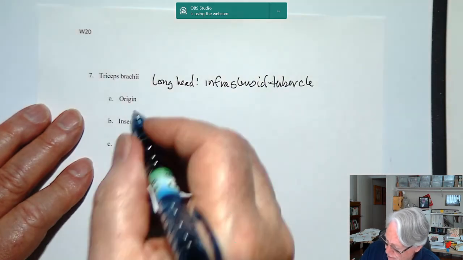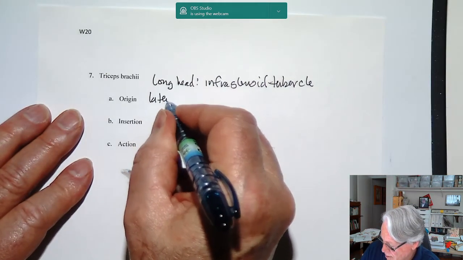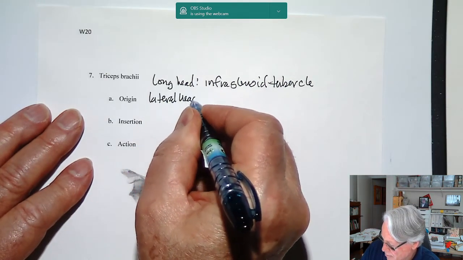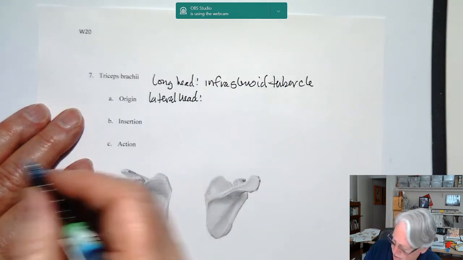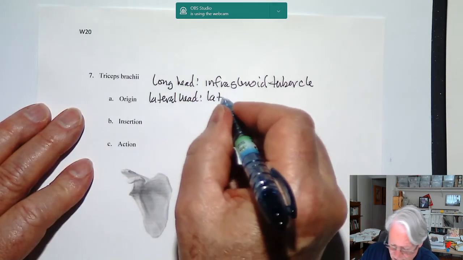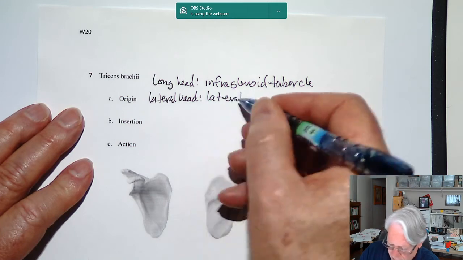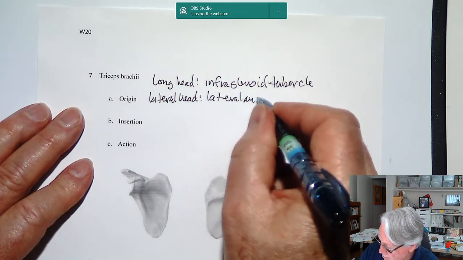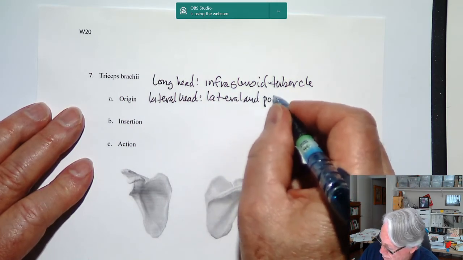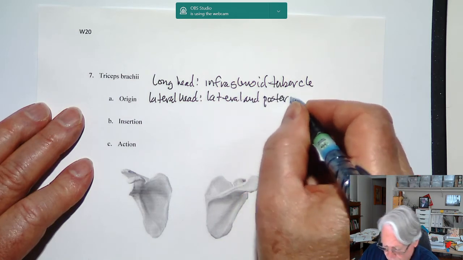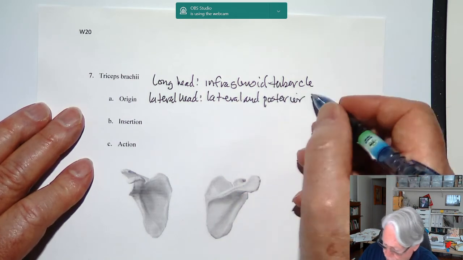We want to do lateral head, which is the lateral and posterior surface of the humerus.